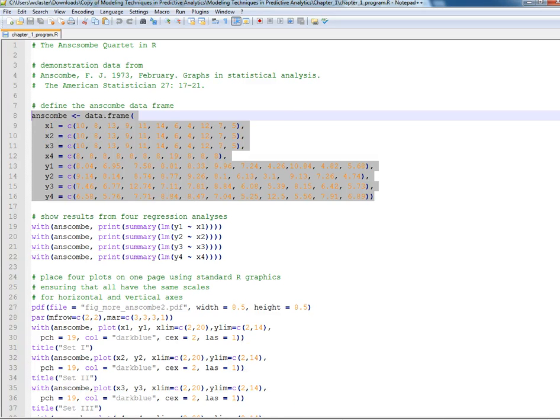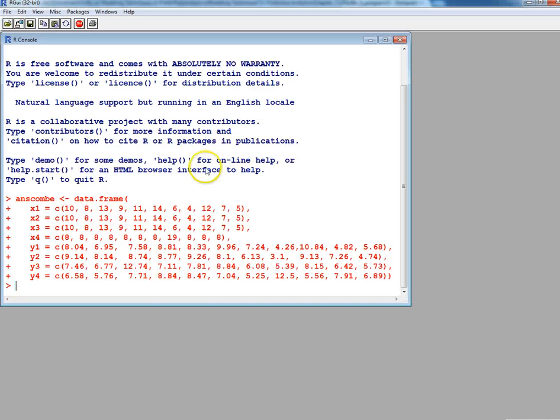How would we do that? So one way to do that would be this. Does that work? Mean Anscombe $1.